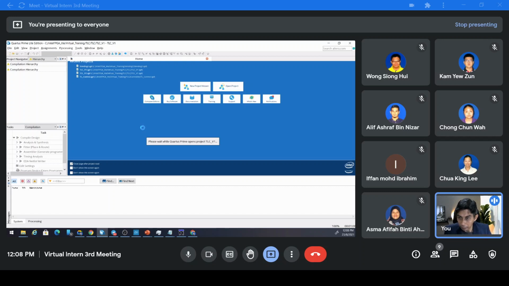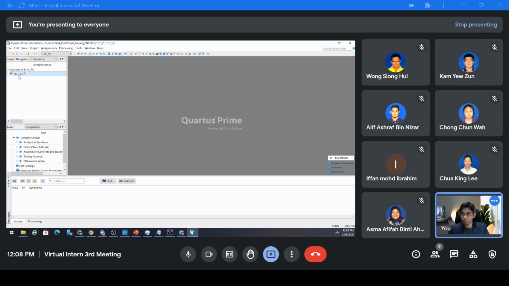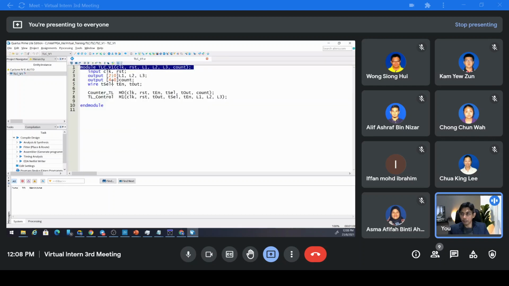Okay, let's look at the Verilog code for this. All right, so I have three modules.